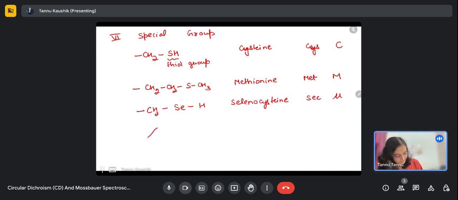And then we have an amino acid which is like a 3D molecule, that is, it is out of plane.